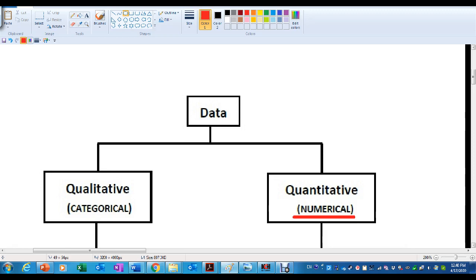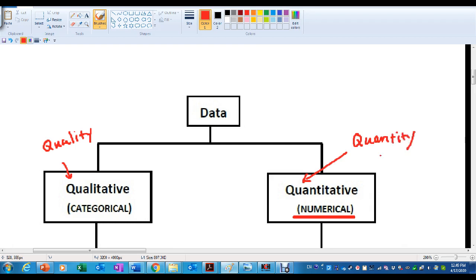One is what we call qualitative, the other is quantitative. Possibly you would be more familiar with the word quality. This word is derived from quality, and the other is pretty much from the word quantity.